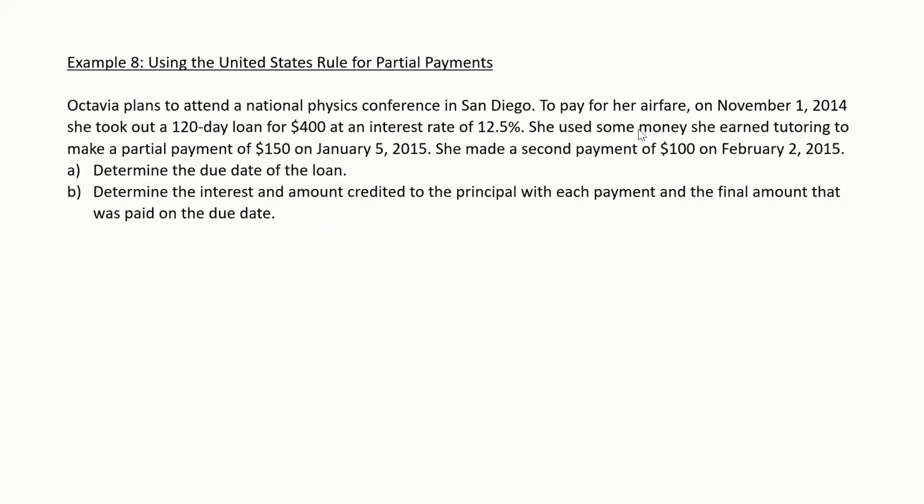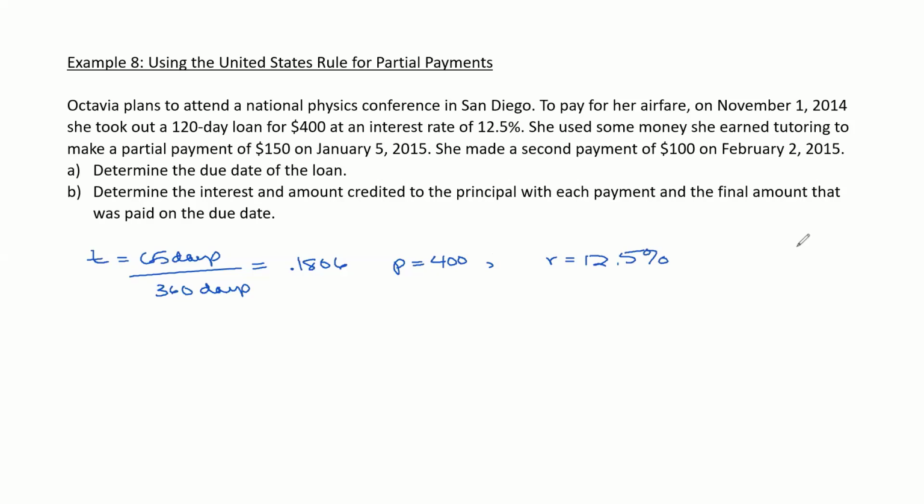So we have a time of 65 days, divided by 360 using the banker's rule. So calculating that, we get 0.1806. And again, our principal is $400 and our rate was 12.5%.